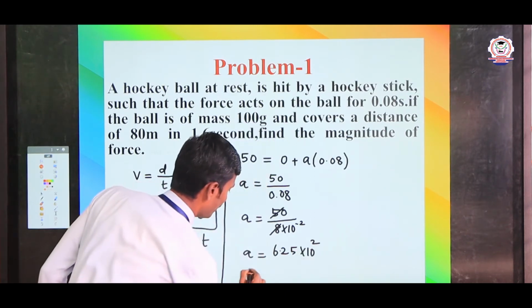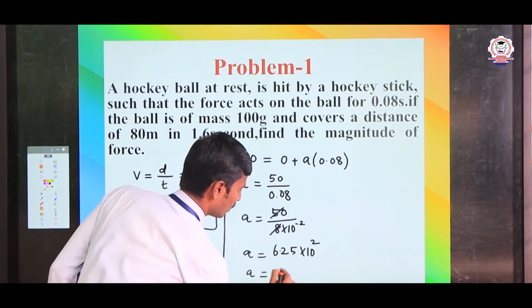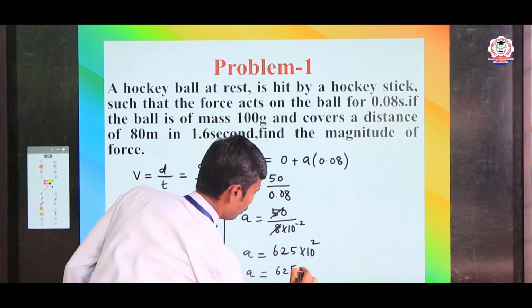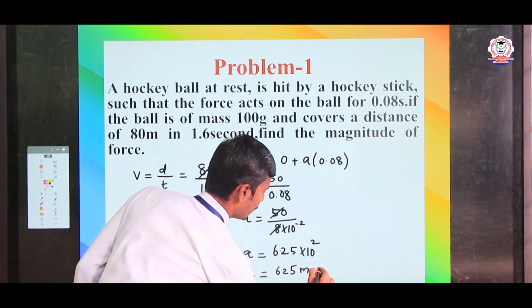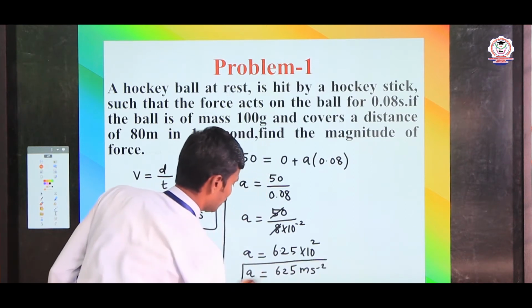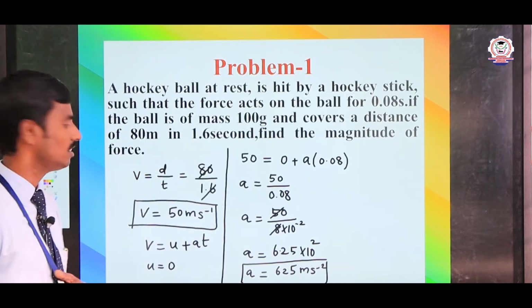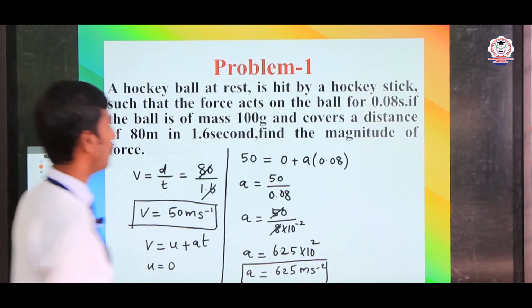So a equal to 625 meter second power minus 2. This is the acceleration, 625 meter second power minus 2.